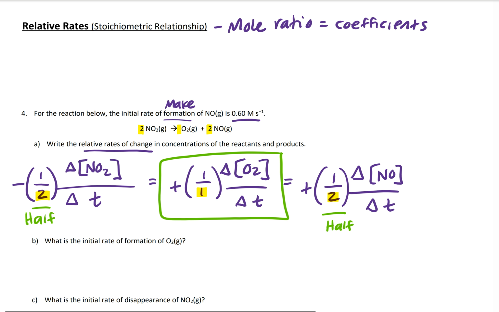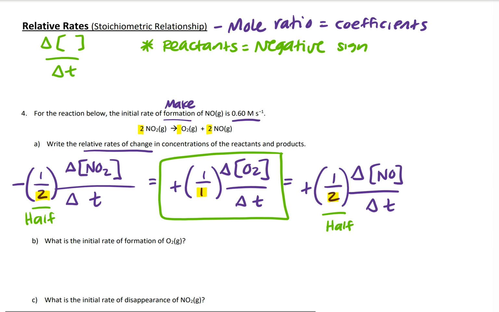Okay, so how do we summarize this into some usable format? As you can tell, we write change in concentration over change in time. That is rate. So we're going to use this change in concentration over change in time. That is the format. But then we have to remember that reactants are disappearing, so they get a negative sign. And products are being made, so they get a positive sign.